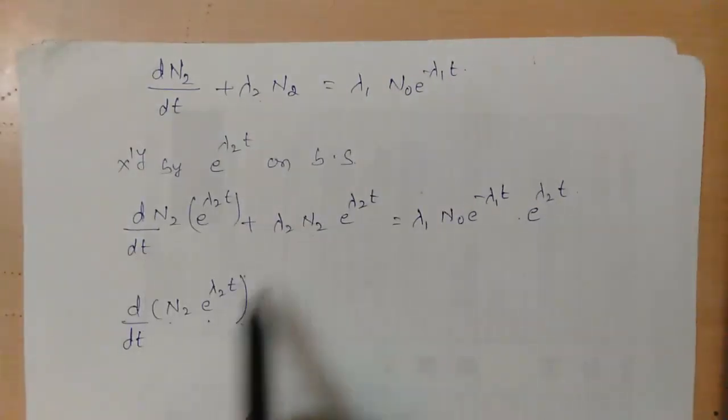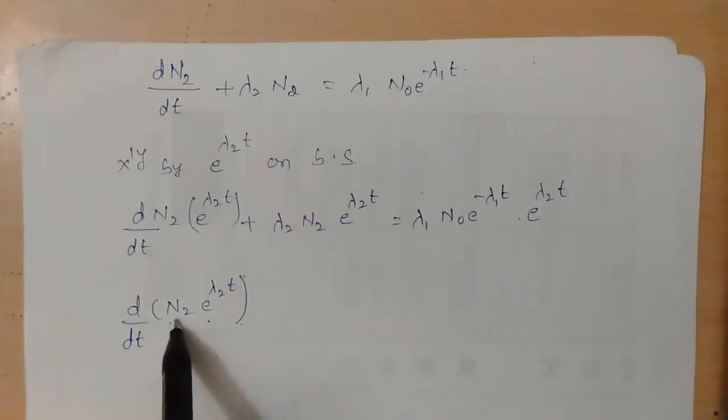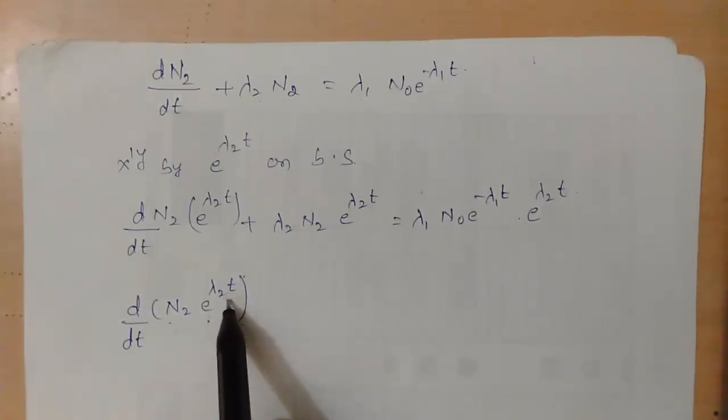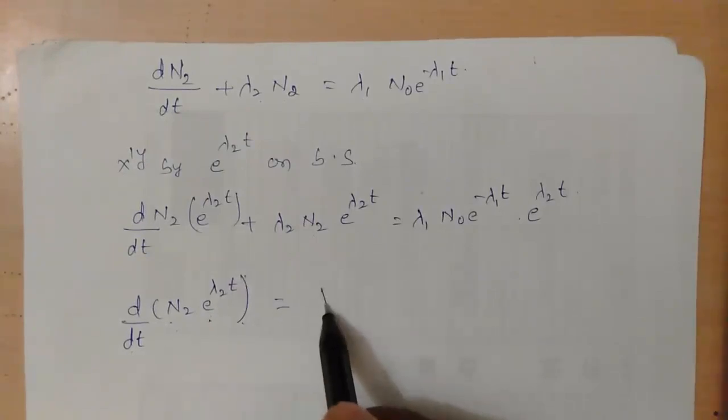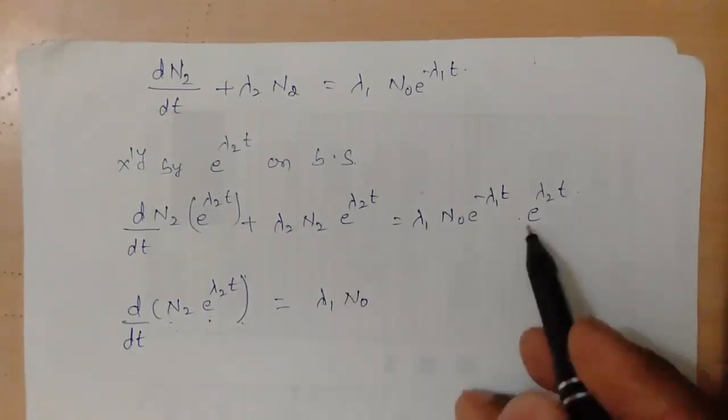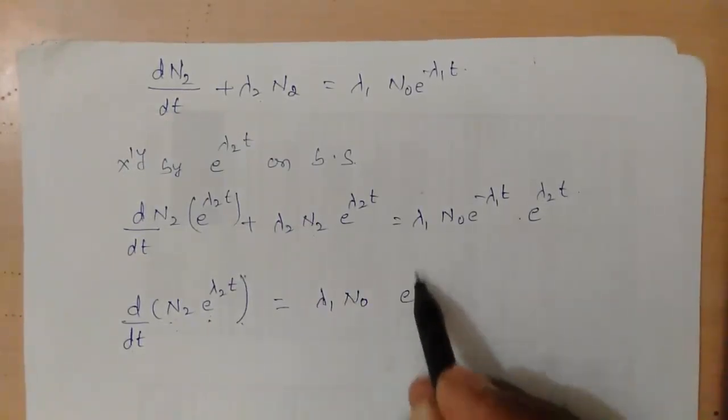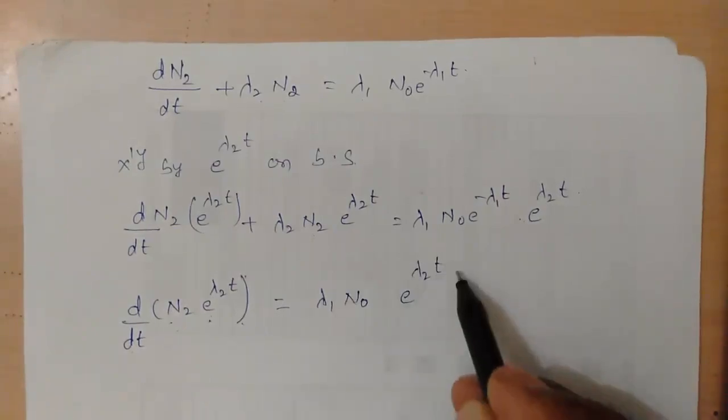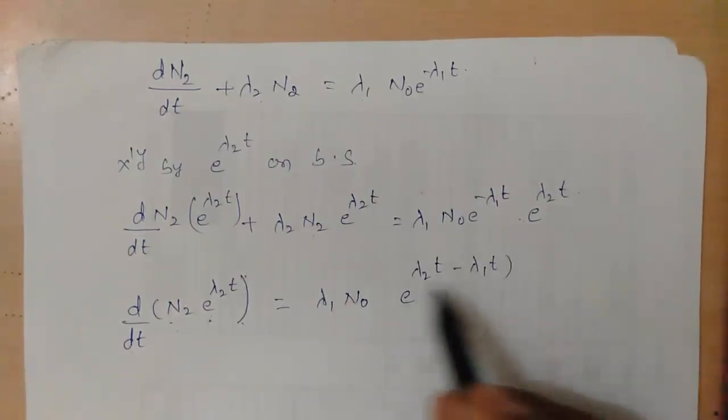So the left hand side can be written as d/dt of N2 e^(λ2 t), which is equal to λ1 N0. Bases are the same, so the powers can be added, positive term minus negative term.